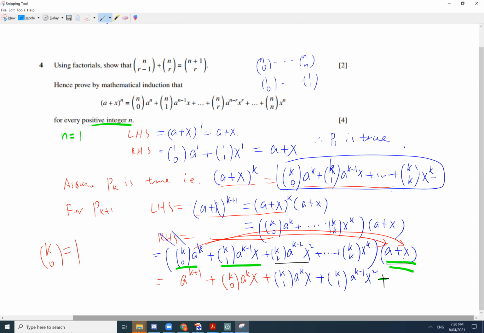Using this one times these two: kC2 a^(k minus 1) x squared and kC2 a^(k minus 2) x cubed.